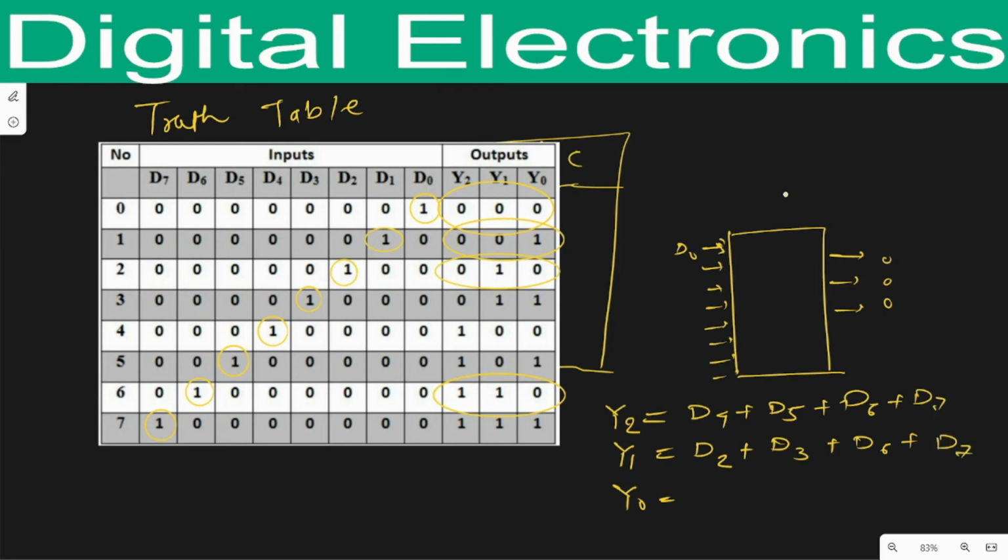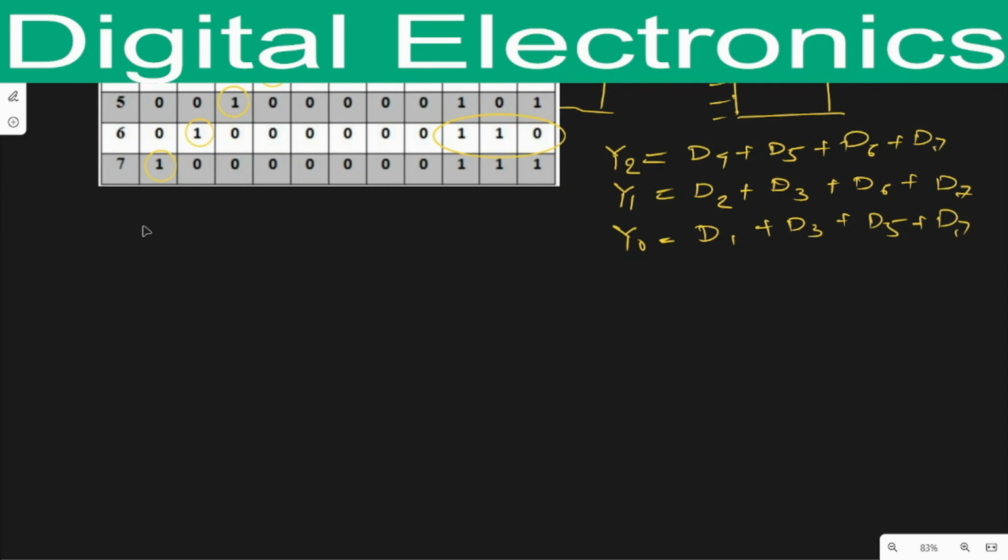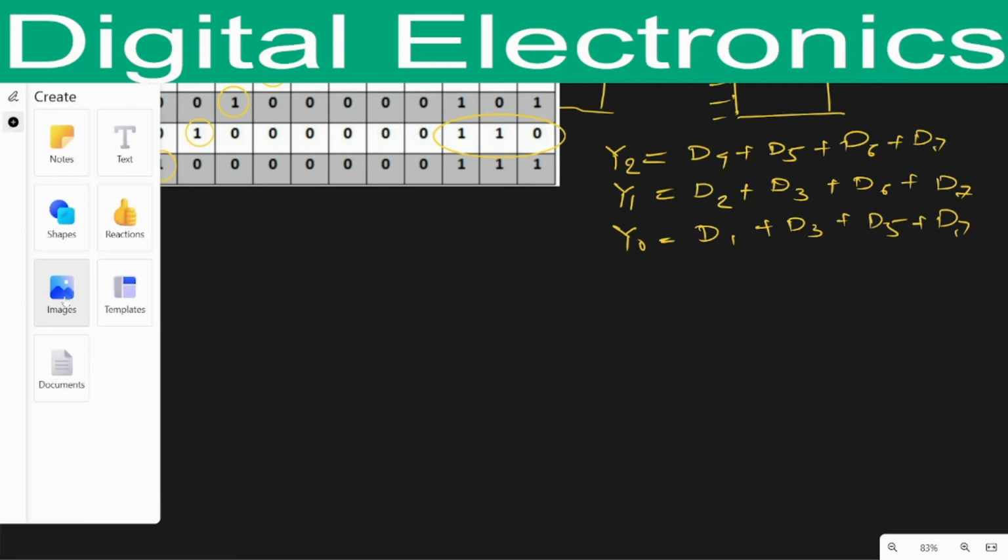And in y0, the terms are D1, D3, D5 and D7. So this is the output equation for the octal to binary encoder.